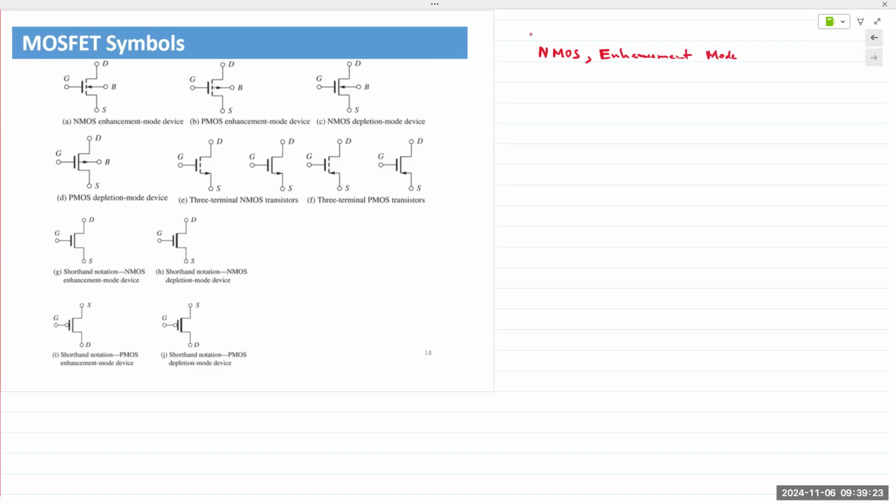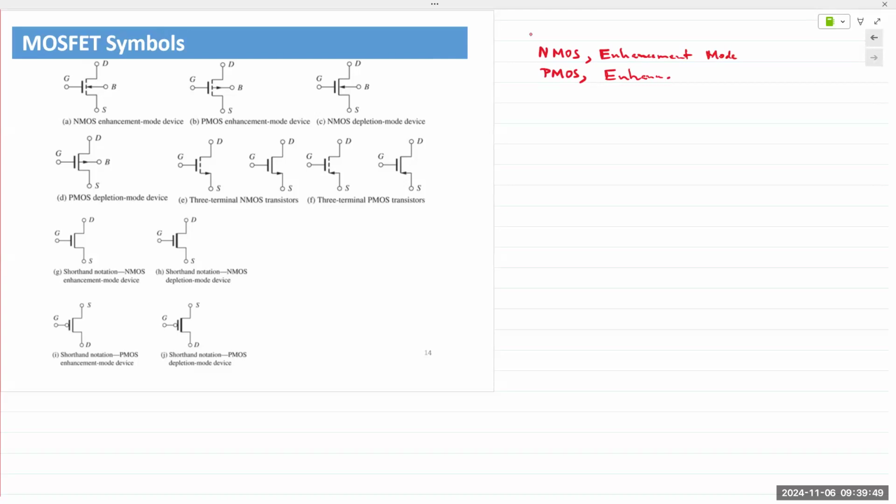Okay. Similar to the NMOS, we have the PMOS. We have PMOS enhancement mode. And then, like the JFET, which are depletion mode devices, we can pre-build a channel into the MOSFET during the manufacturing process.